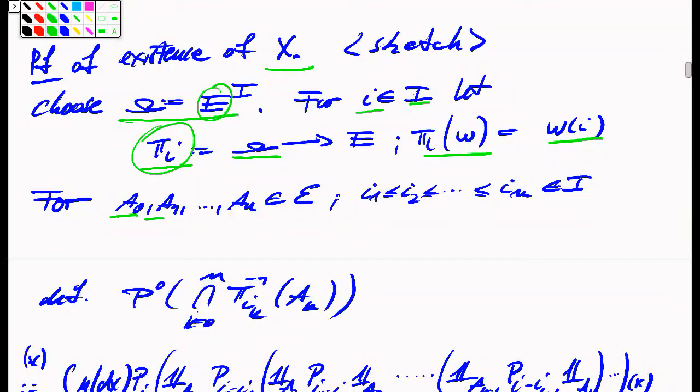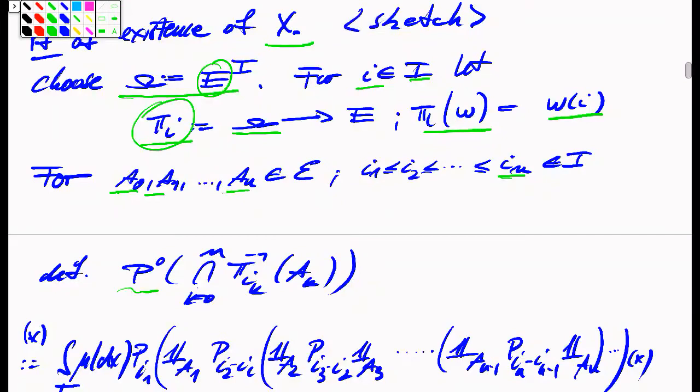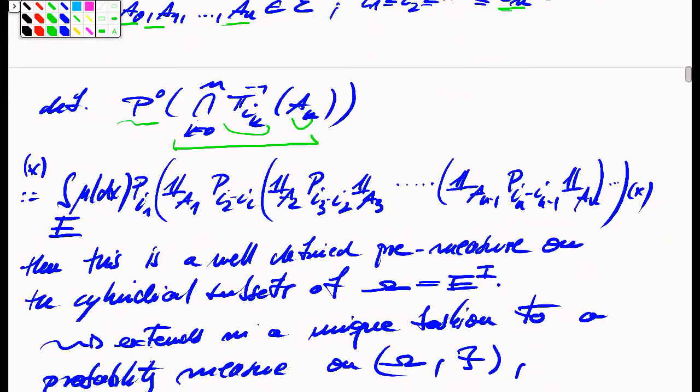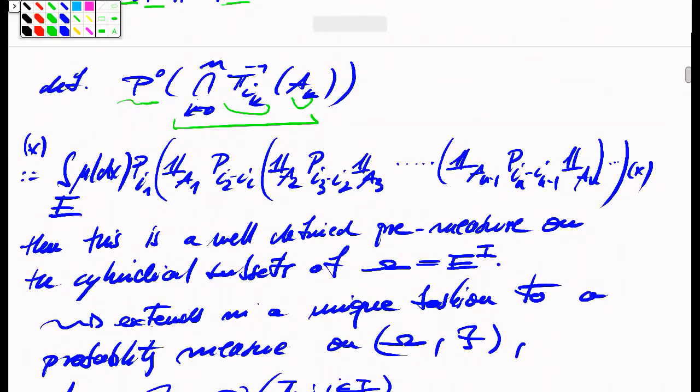Namely, if we fix a finite number of time points and a corresponding finite number of measurable subsets in the state space, then we define a preliminary set function, which will turn out to be a pre-measure, on the associated cylinder set, the intersection of all the pre-images of these window sets, by the following seemingly complicated formula, which I probably will not discuss too much, because you just have to look at it and swallow it for a while.